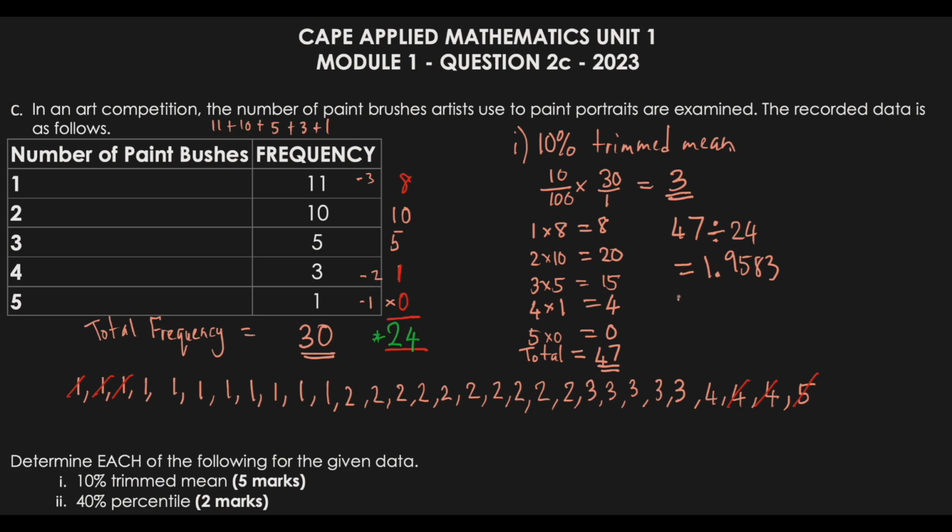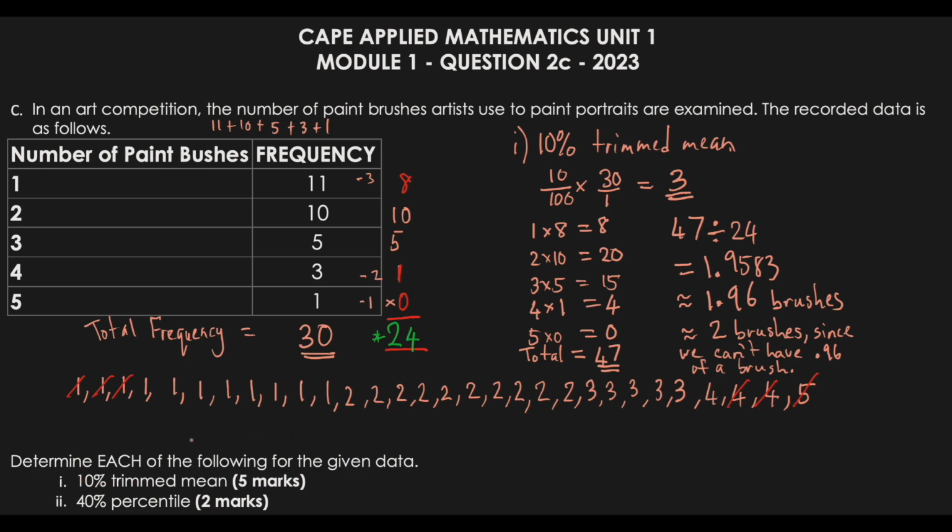So we could approximately say to 2 decimal places, it's 1.96, and the unit would be brushes. Okay, so 1.96 brushes. Since it's discrete, we can't have 0.96 of a brush, so we could just say roughly this would be 2 brushes. Okay, so roughly this is what we're going to consider this to be. All right, so this is our answer for this part of the question.